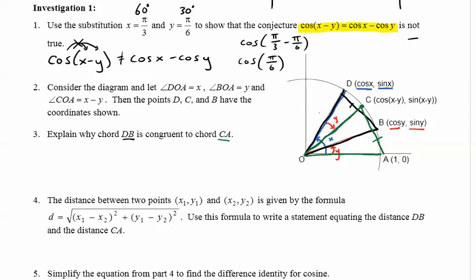So I can see that the length from O to D is the radius of the circle. All these points are lying on the unit circle. And that radius comes up in many places. It's also the length from O to A. This is the radius.